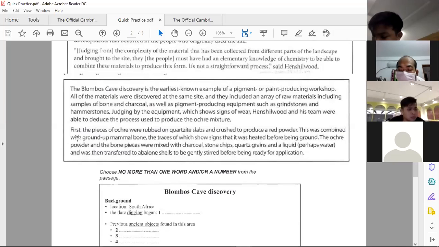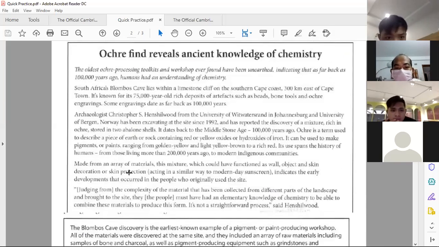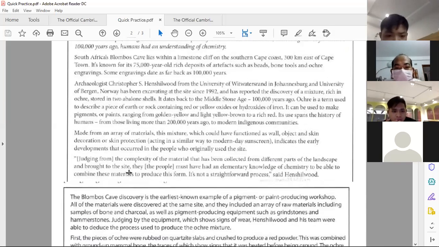Earliest known. The earliest known of pigment, right? No. We know basic. Humans in prehistoric times, humans. In prehistoric time and humans. No, basic.